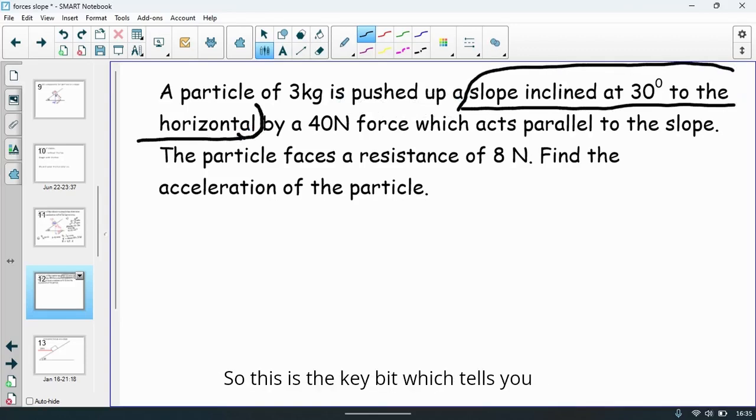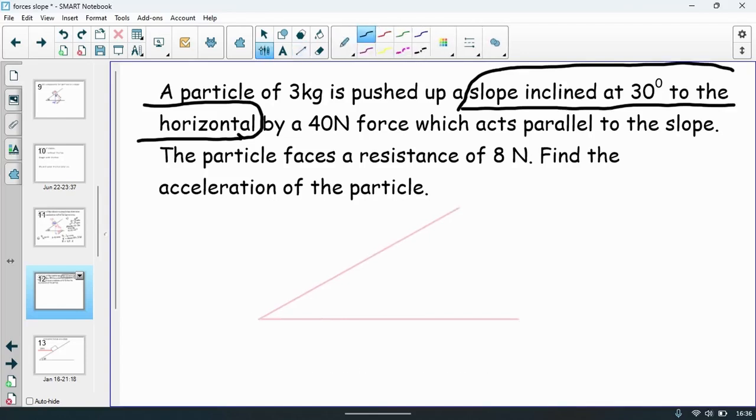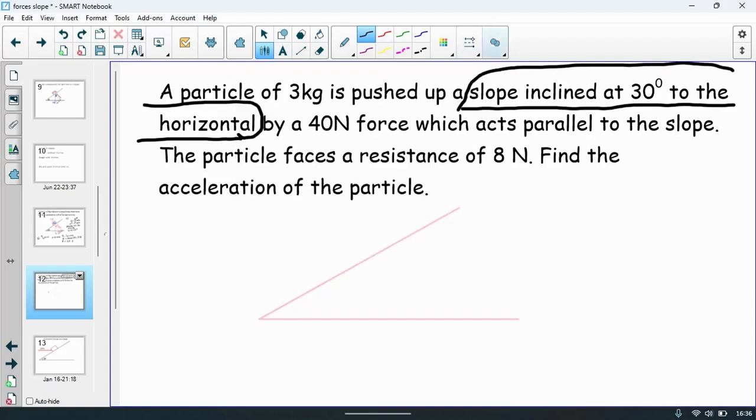This is the key bit which tells you what the surface is. Is it flat or is it diagonal? They're telling you the surface is diagonal, inclined at 30 degrees. So this is the surface that we have. A particle is 3 kg, so it's over here.